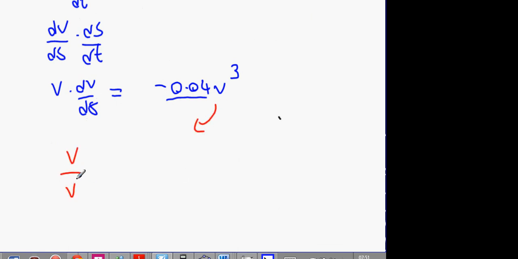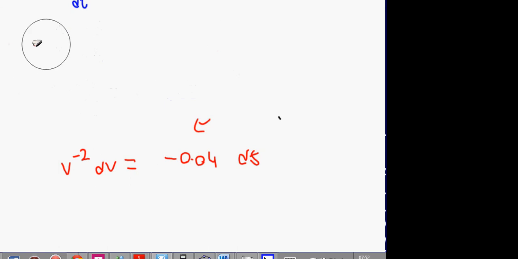So we're going to have V divided by V cubed dV. It's going to end up being minus 0.04 ds. V divided by V cubed is 1 over V squared, or 1 over V squared in turn is V to the power minus 2. So that's what we're going to be left with there, okay?